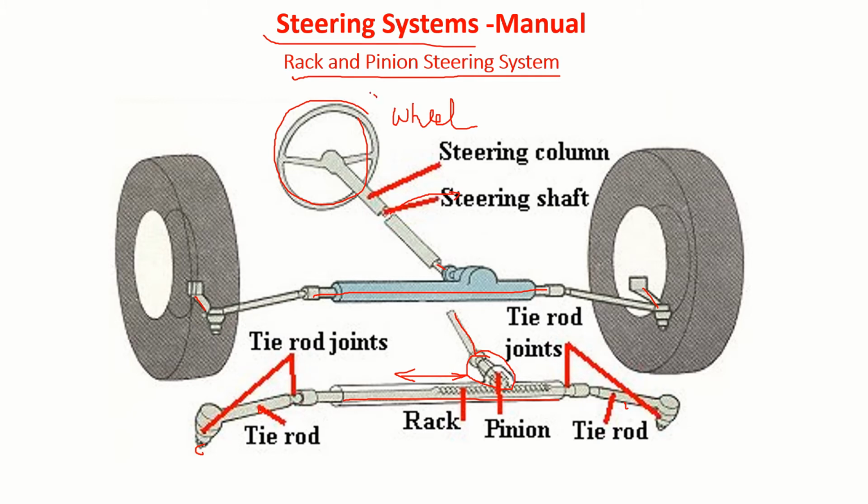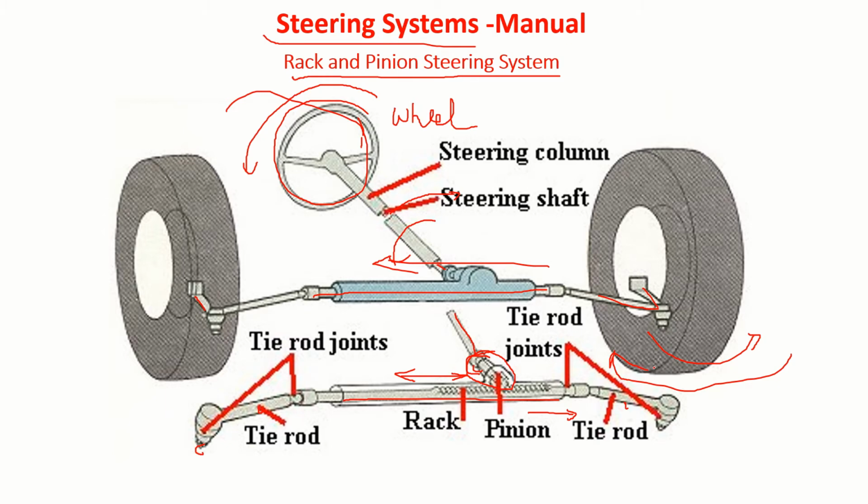So let us say you are steering in this direction. That means the pinion will rotate in this direction. Then your rack will move this way, and this will turn like this. If you do it in the other direction, you'll get it like this.